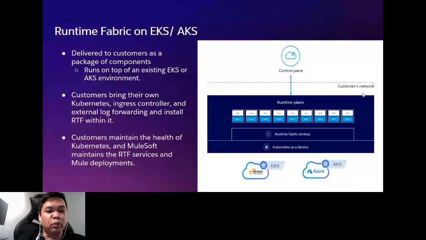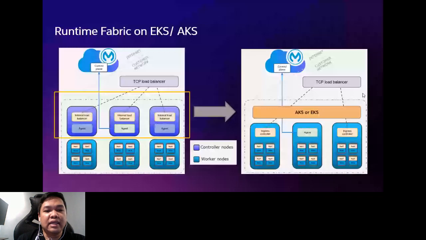And we have the worker nodes, which have our applications and runtime. As you can see, when we move to AKS and EKS, we remove these controller nodes. That means we can choose our own ingress controller and load balancer. Some of the benefits of moving from appliance to AKS and EKS are, of course, less maintenance for us, and it also reduces the cost.